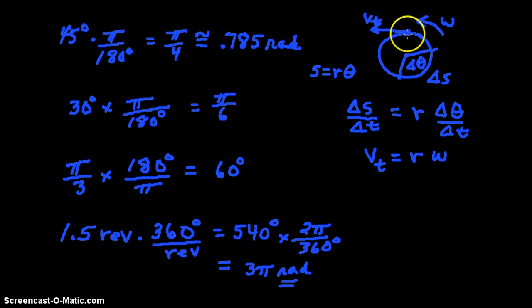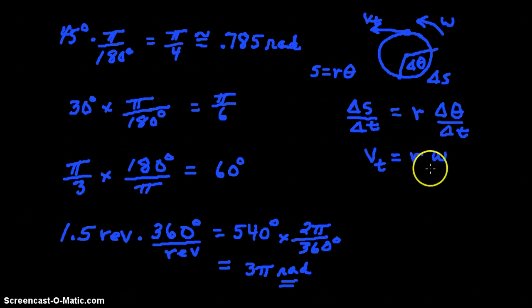Say this were a rock stuck in a tread and it worked its way loose and flew off the rotating tire. As soon as it left the tire, it would have this speed they call v tangential. It's tangent to the circle, meaning it's perpendicular to a radius right there. So that's a tangential velocity.